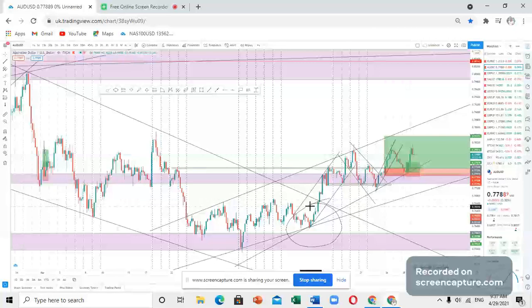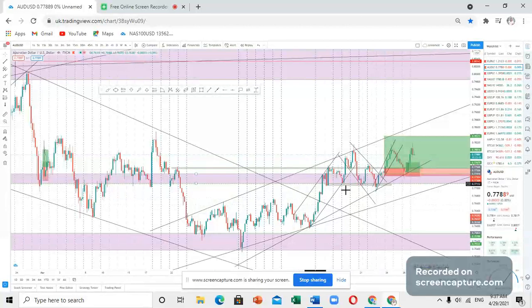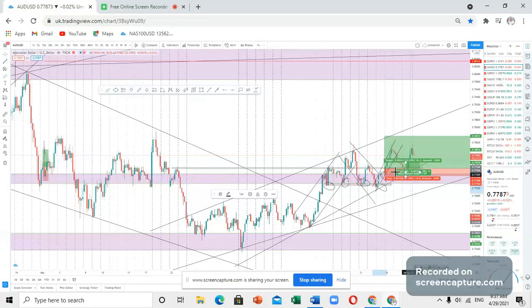So moving into a lower time frame, you can see that we had a lot of confirmation that this is a very strong point of support. We had our first touch in this position, second touch, third touch, a fourth touch, and then a shallow fifth touch in this position.